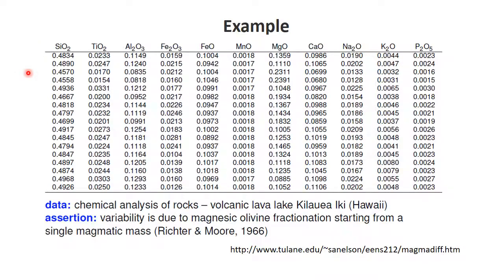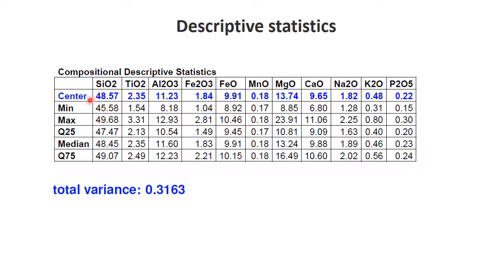Here's a simple example. These are geochemical data from volcanic lava in Hawaii, looking at various oxides and their composition. Of course, silica has a big part in it, then aluminum, manganese, etc. The first thing would be to do some descriptive statistics, which calculate the center of our data.